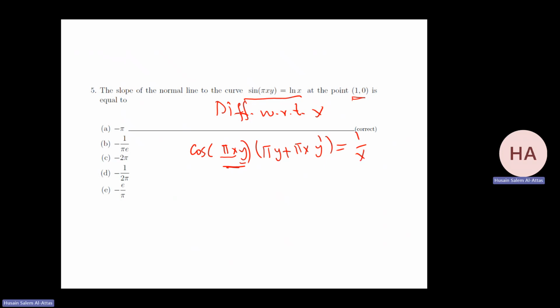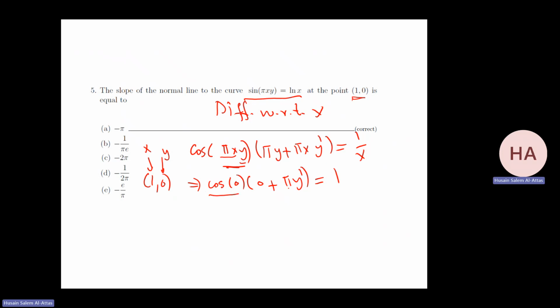So substitute, I have 1 and 0. This is x, this is y. You get cosine 0 here, I have 0 plus pi y prime equals 1.